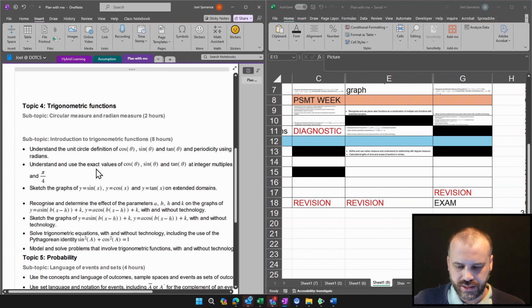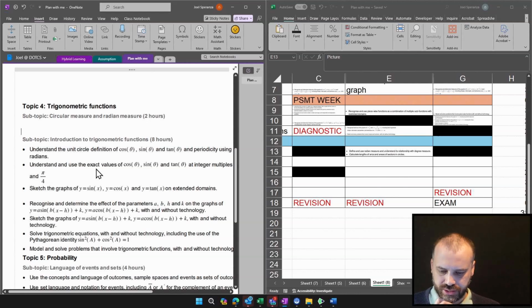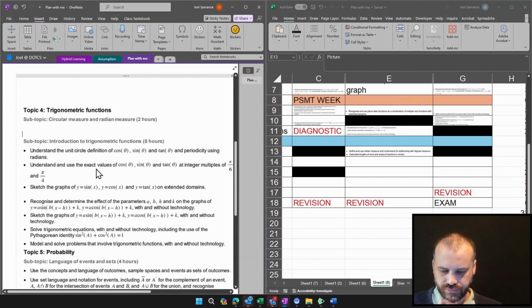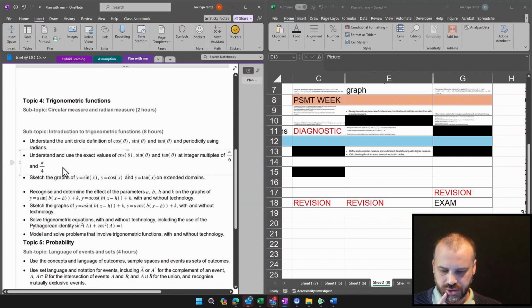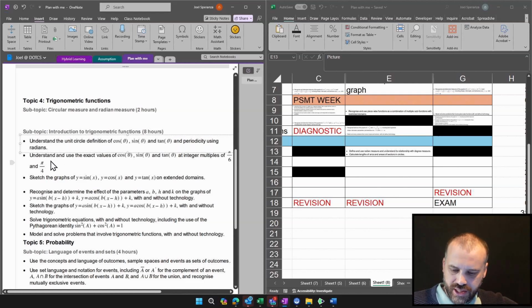Okay, now we've got to spend some time here. Trig, kind of important. We've got circles. Yeah, there's a lot here, right? Understand and use the exact values of cos this and this.